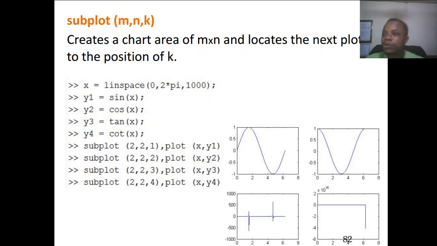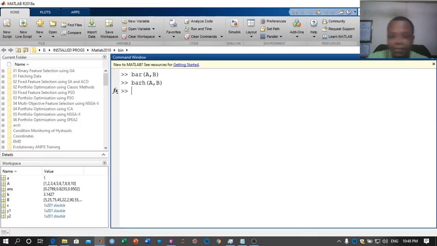In doing this, let me try to get hold of some data. All right, so let's try this in MATLAB and see what happens. So in MATLAB, let me first of all clear the screen. With this, let's create a random sequence of numbers which will be our x.